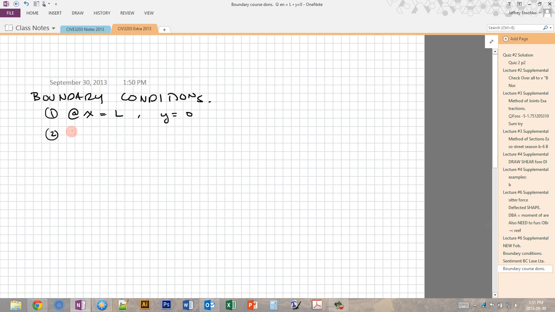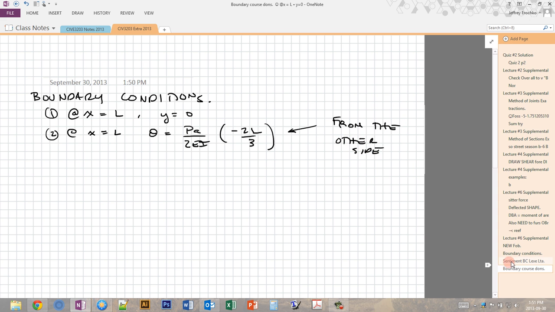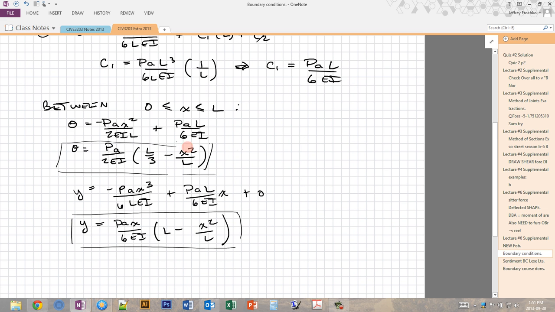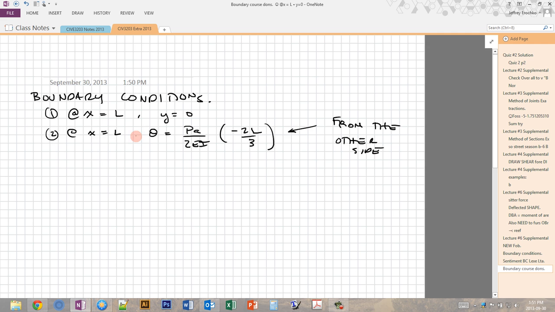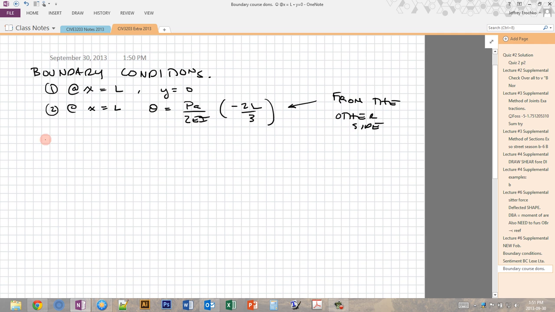So we can say that at x equals L, the slope equals PA over 2EI times negative 2L over 3. And this is just a simplification of the value that we got from the other side. Because what we had before was this, if I sub L into this equation, then this simplifies to this. Okay, because that's the slope at that point. So now we use that.